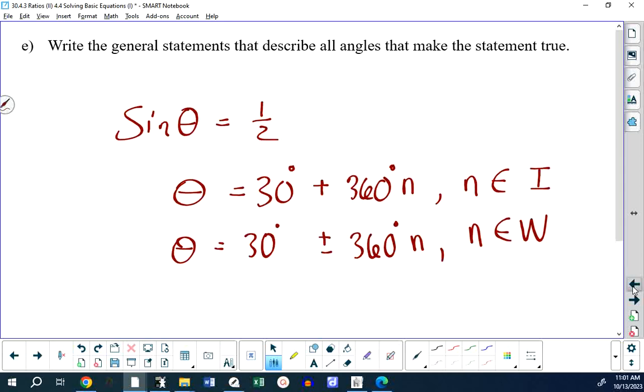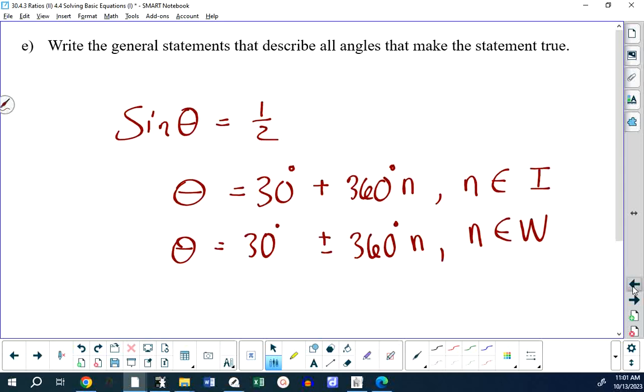So if you wrote down what are the angles coterminal with 30, you would not include the 30 degrees. But if I say what are the angles that make this true, 30 degrees is an angle that makes it true, so I have to include 30. The 0 included in the integer number set makes that happen, and the 0 in the whole numbers makes it happen. But you couldn't put natural here.